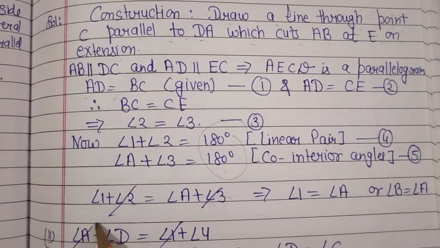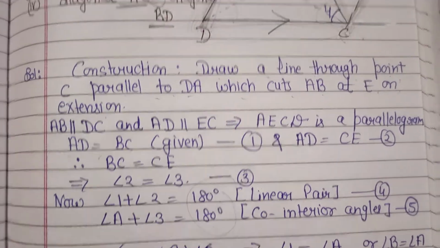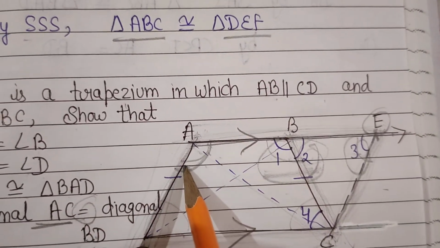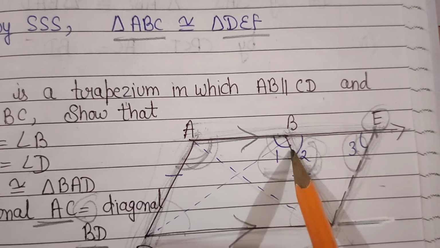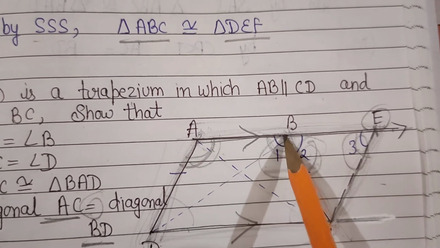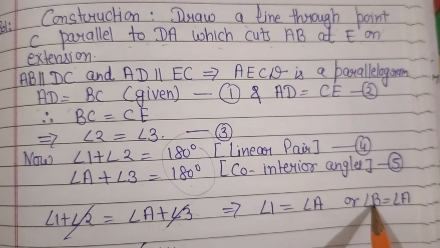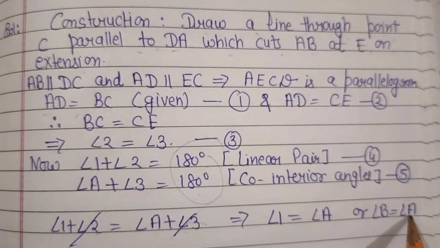So we can cancel out angle 2 by angle 3. So angle 1 is equal to angle A. Now what is angle 1? That is angle B for the trapezium. So we can say angle B is equal to angle A for the trapezium.